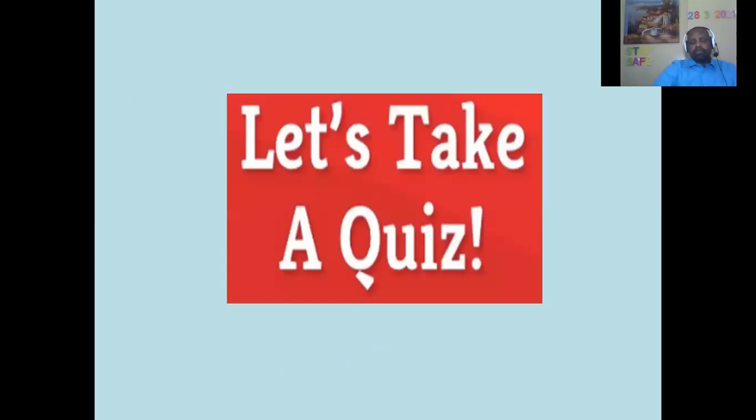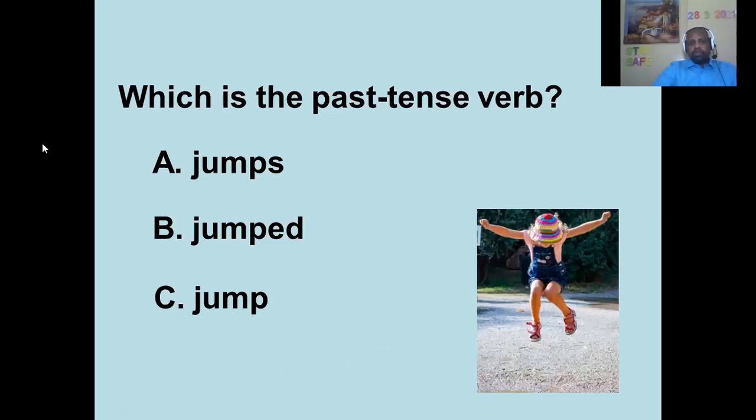Very good. Now, let's practice. This is for you. Which is the past tense verb? A, jumps. B, jumped. C, jump. The past tense verb. If you say jumped, that's correct.